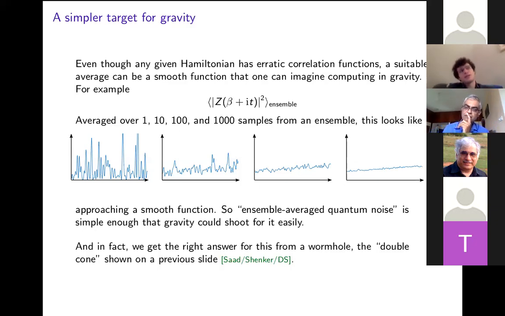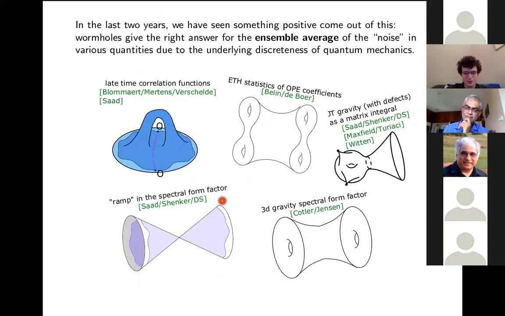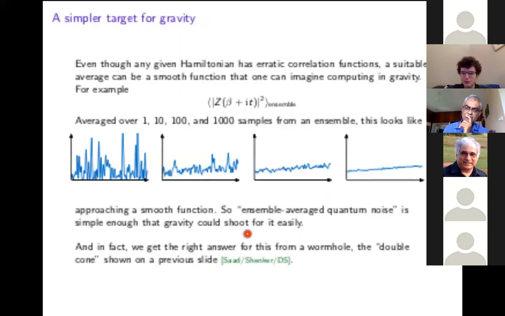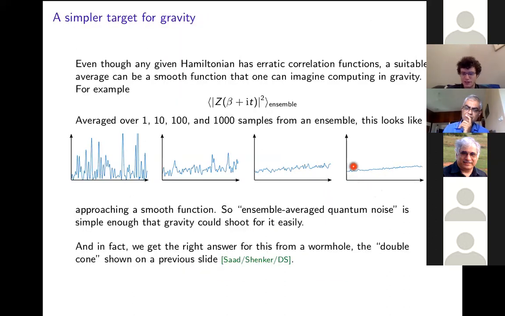Yeah, you're right. So we're computing something here which is not just 1 over n, it's e to the minus n squared. So we're computing something tiny. This wormhole is really, really small. But it gives the right answer. I mean, it gives something right, and it's kind of robust.